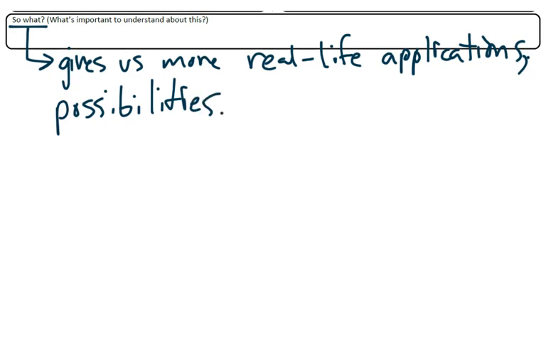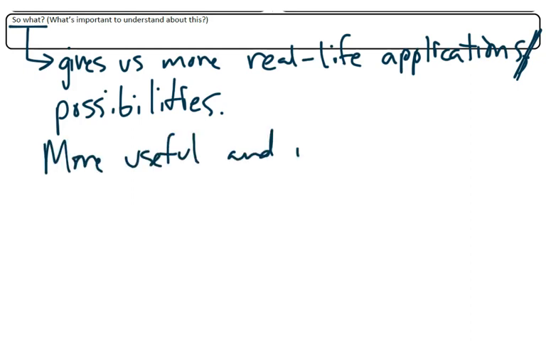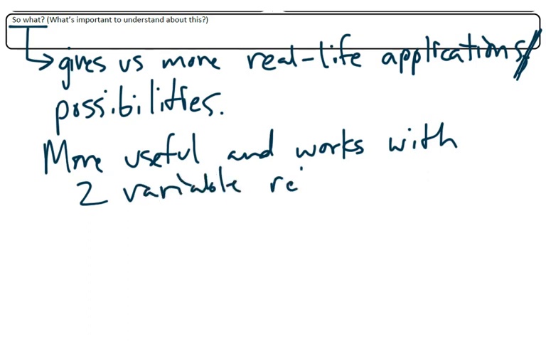But it gives us more real-life applications, more real-life possibilities, okay? More useful. And it works with two variable relationships. Okay? So, there we go. That's pretty much it.